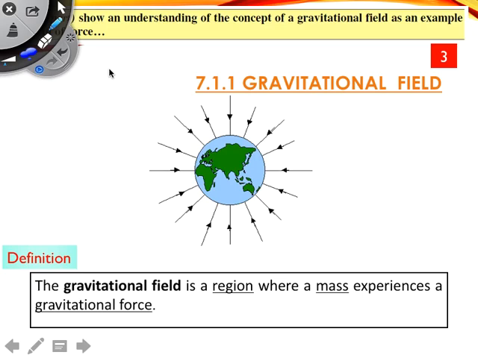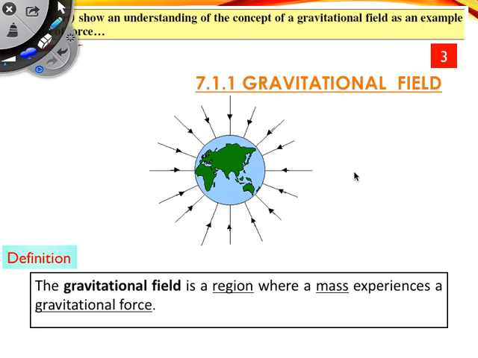Okay, so we have roughly defined fields. So let's look at what a gravitational field is. It's a region where mass experiences a gravitational force. Any object that has a mass, you place it within a G field, it will be subject to a gravitational force. What causes a G field? In this case, this is planet Earth.